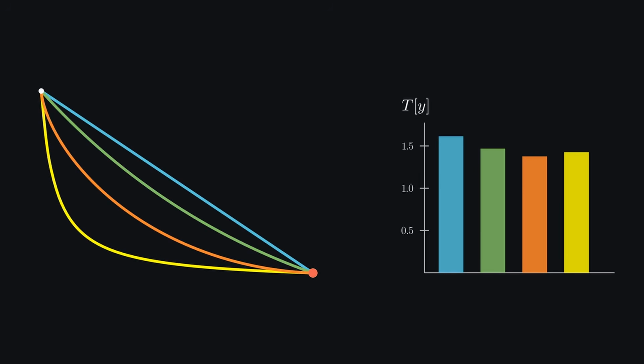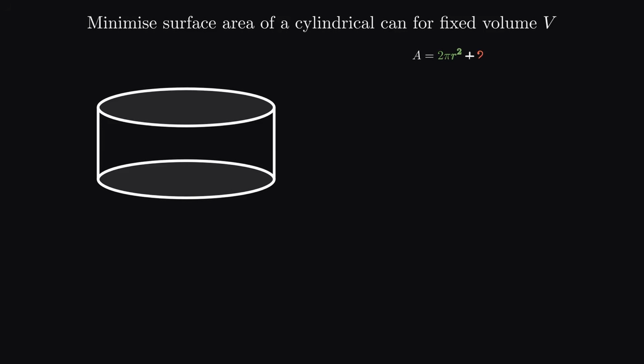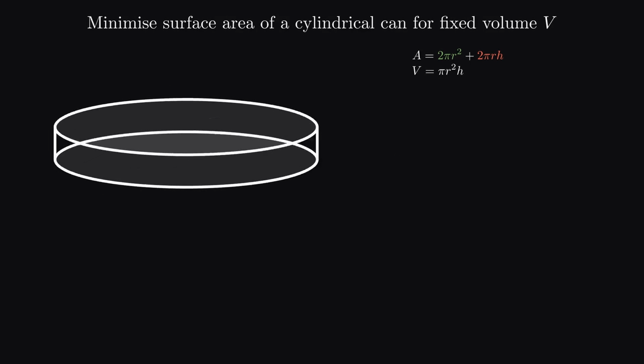To explain what the calculus of variations is, I think it's first useful to look at an ordinary calculus problem, specifically an optimization problem. Let's look at this classic problem where we try to minimize the surface area of a cylinder for a given volume V. Note that for very large radii, as well as very small radii, the surface area should be very large.